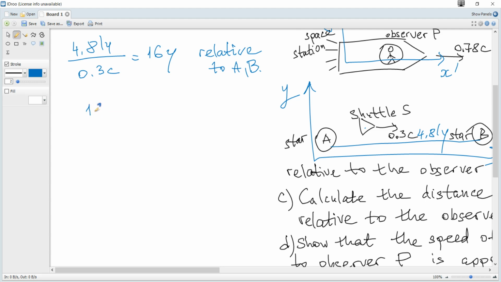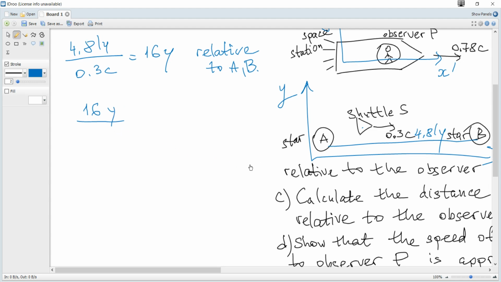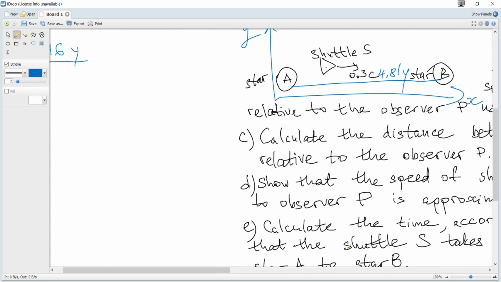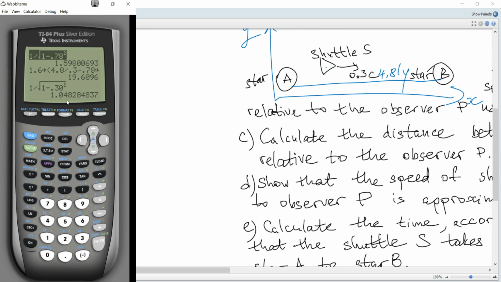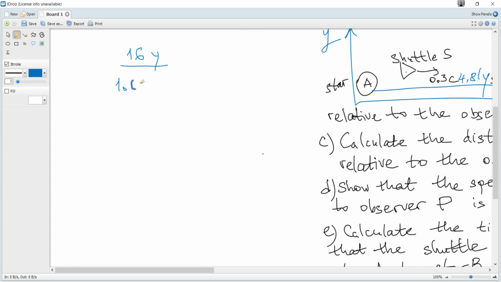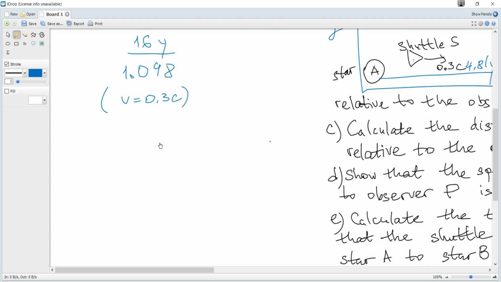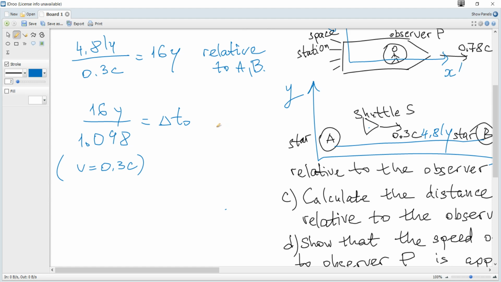Proper time can be found as 16 years divided by gamma, and gamma for 0.3 you can see is 1.048, so divided by 1.048, for v is 0.3 c, and it's a proper time, it's time relative to the shuttle, and it's proper time.